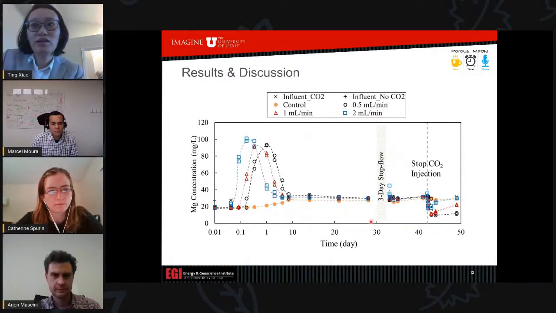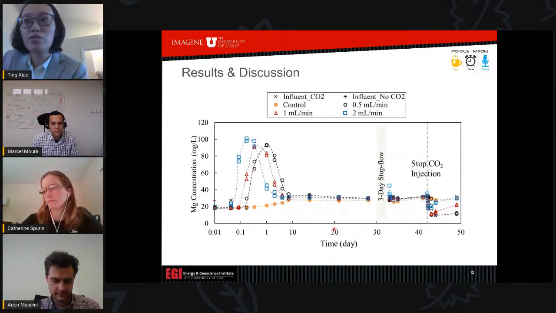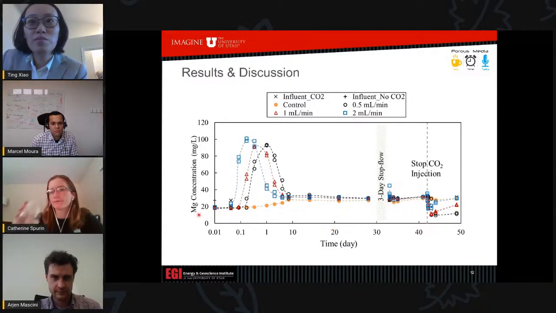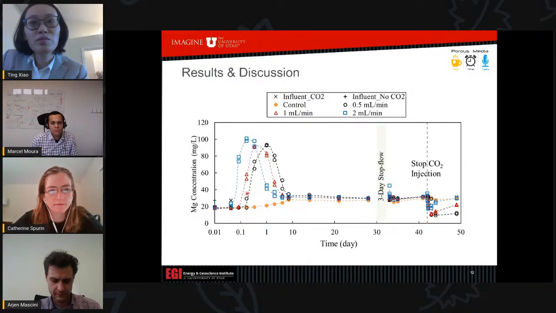The second pattern includes magnesium, zinc, barium, and strontium, where the metal concentration increases very quickly and drops back to the baseline within a few days. We interpret the mechanism of this pattern as dolomite dissolution because magnesium shows the most significant trend of this pattern, and dolomite is the major source of magnesium.